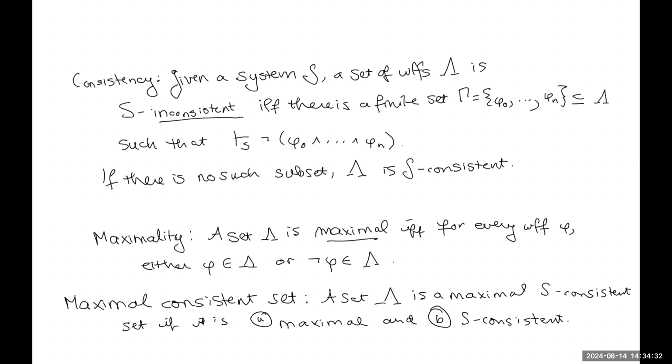Now, in the next videos, we will do more with these sets so you can start seeing why these two definitions, why we combine them, what the properties of these sets are. But already, I hope that you can see something about kind of what consistency does to put a constraint on maximality. I said a maximal set could very well have both a formula and its negation in it. But assuming that we have a relatively typical or traditional logical system S that says you're not going to be able to prove P and not P, then you can prove that you will not have phi and not phi.